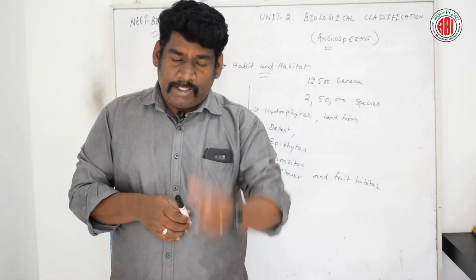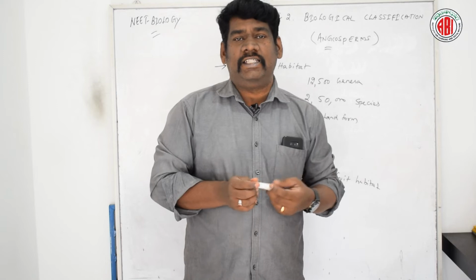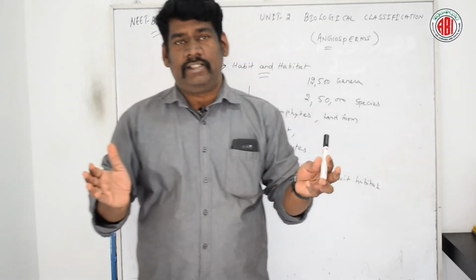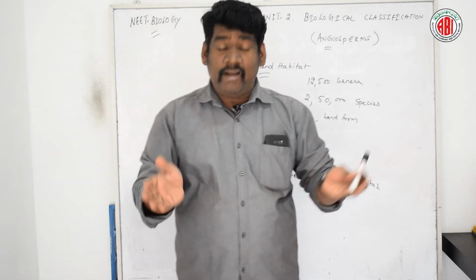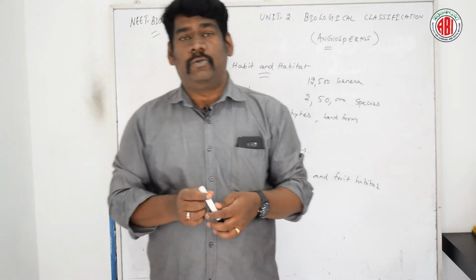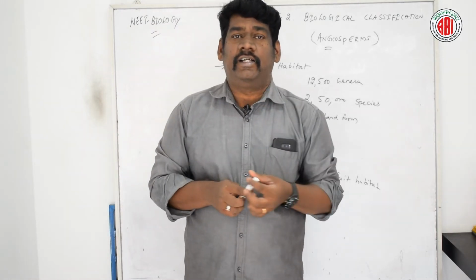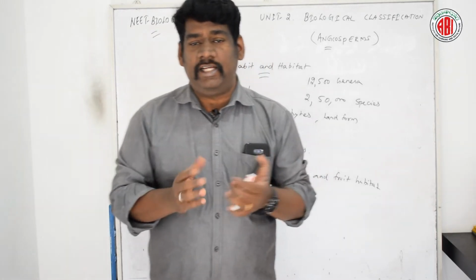In the structure of the gynoecium, the basal enlarged part is called the ovary, and the middle elongated, thin stalk-like structure is called the style.